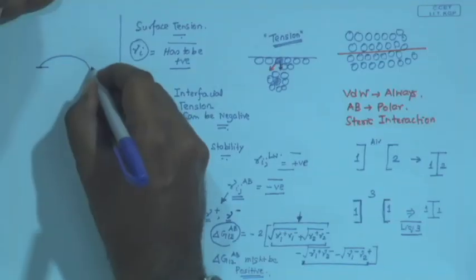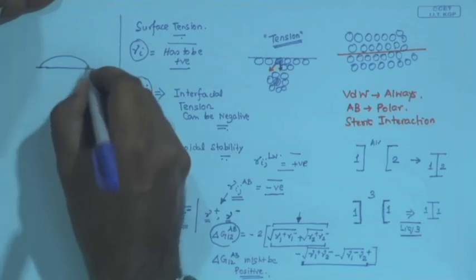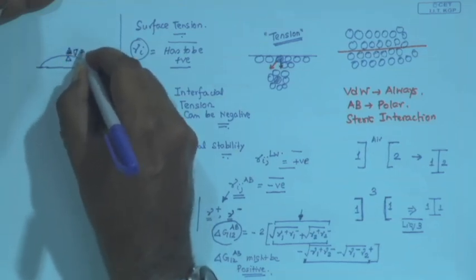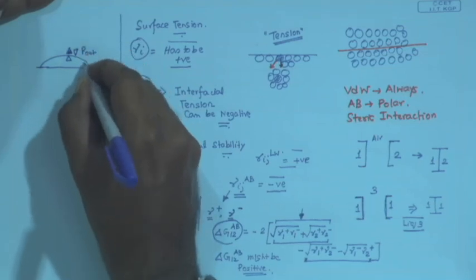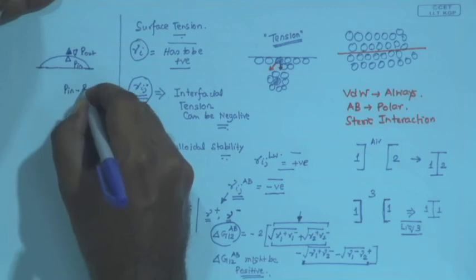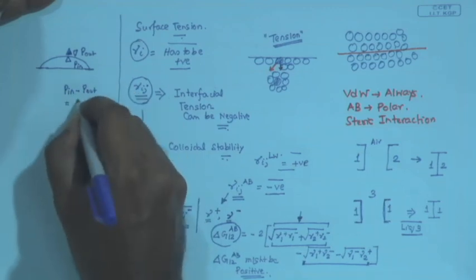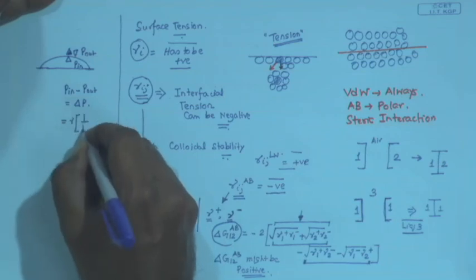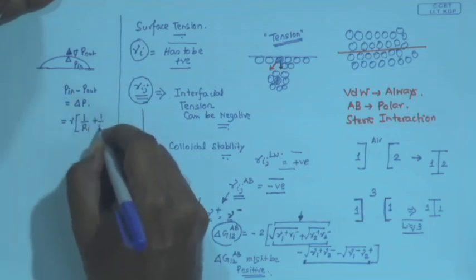However, if it is not flat, if it has a curvature, there exists a difference in pressure between the inside and outside, and this delta P is related to surface tension by the Young-Laplace equation.